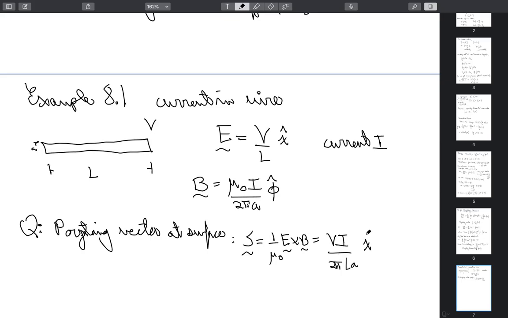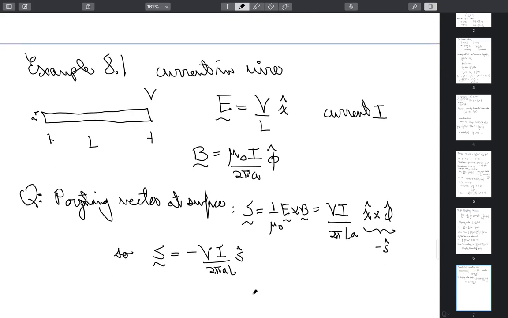And then the x hat crossed into the phi hat is just minus the radial vector, in cylindrical coordinates, where I put the axis of the cylinder along x like this. So my Poynting vector is equal to minus V times I divided by 2 pi a L with the s radial unit vector.